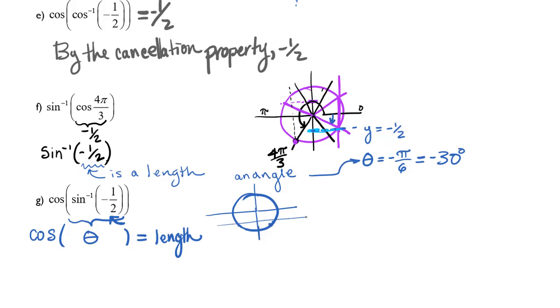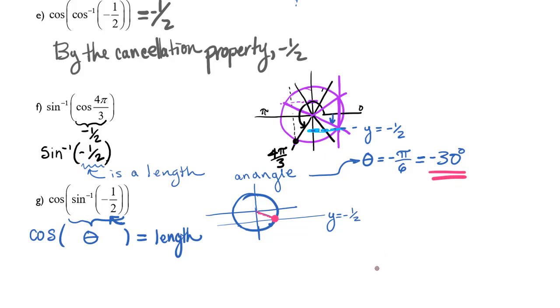Given the restrictions on sine, I can only have values for y equals negative 1/2 between negative pi over 2 and pi over 2, which means that my angle must be in the fourth quadrant, and I'm trying to figure out what the angle with an output of negative 1/2 would be.